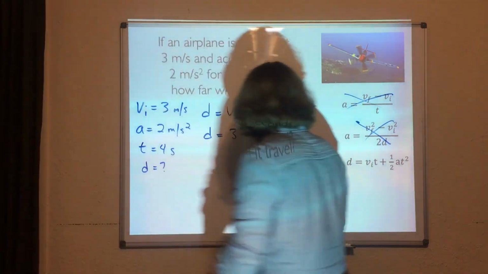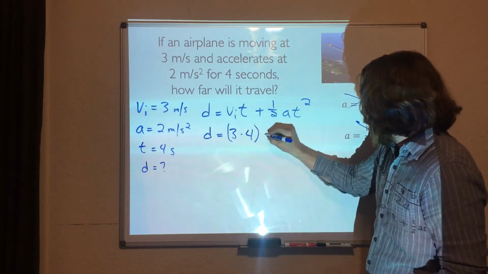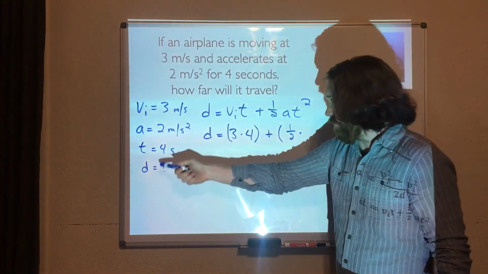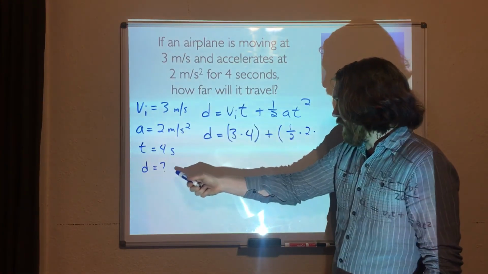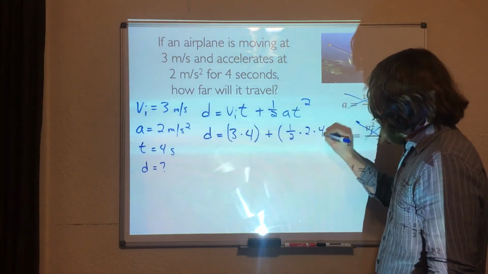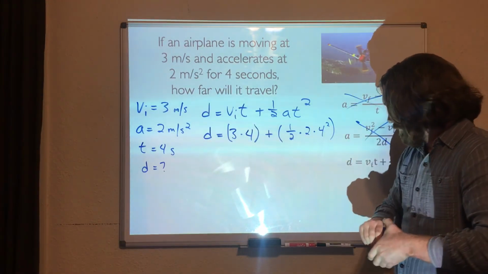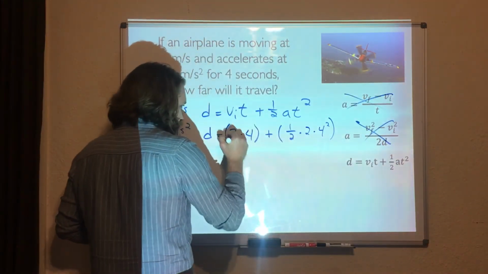Okay. And I like to put this in parentheses so as to not confuse myself. Plus, parentheses, 1/2 times my acceleration, which is 2, times my time, which is 4, squared.